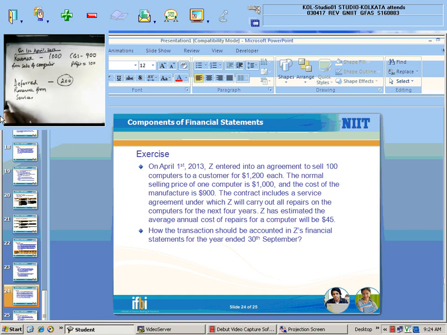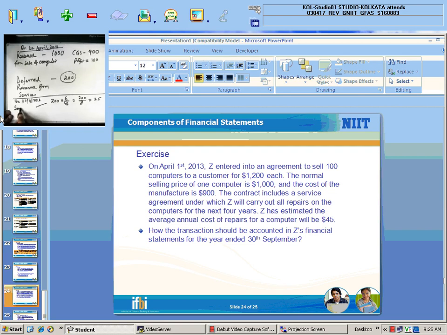Now on 30th September 2013, out of 48 months, this is a 4-year contract, 6 months have passed. So how much of the service revenue has been earned? On a straight line, pro rata basis, $200 per computer, so 200 into 6 by 48, which is nothing but 200 by 8, or 25. This is the service revenue earned.